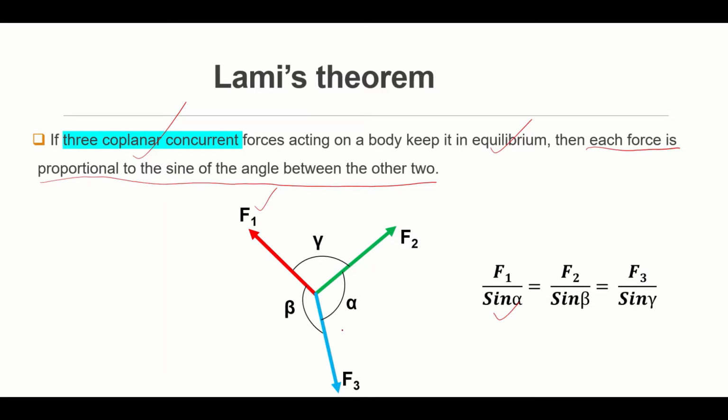The angle between the other two forces F2 and F3. Similarly F2 divided by sine beta, where beta is the angle between F1 and F3. So each force is proportional to the sine of the angle between the other two. It is easy to remember. When you draw this figure, alpha is the angle between F2 and F3. There is a small derivation for this, let's look.